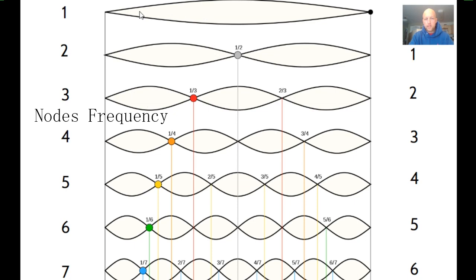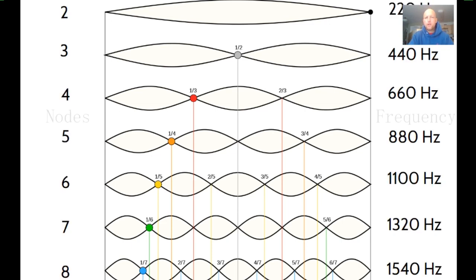Here your wavelength is the largest, and over here your wavelength is the smallest. And your frequency also changes too. So with the largest wavelength, you're going to have a smaller frequency, and as you go over here, your frequency increases. And if we link this back to sound now, if you increase your frequency, that's also going to increase your pitch. So you're going to go from low to high, and that's what increasing your frequency is going to look like.